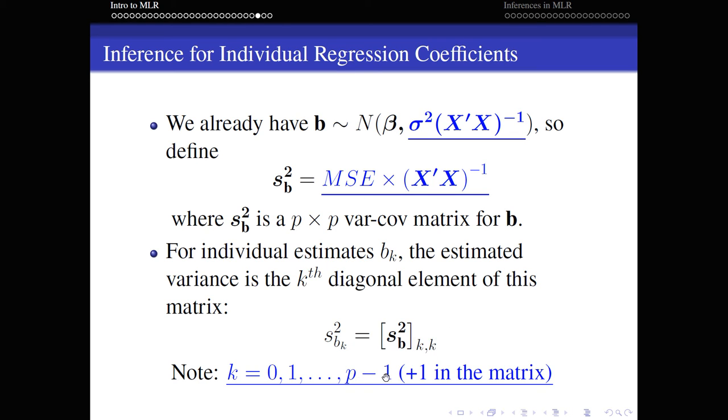So if I wanted the variance component of the p minus 1th parameter estimate, then I would take the pth by pth entry of the estimated variance covariance matrix for the parameter estimate vector.